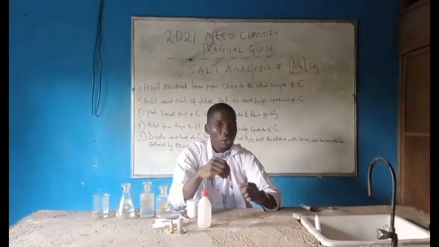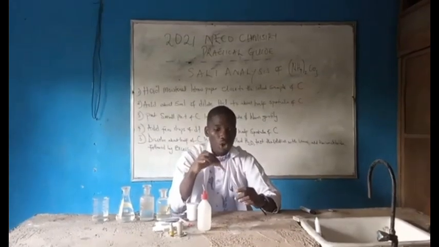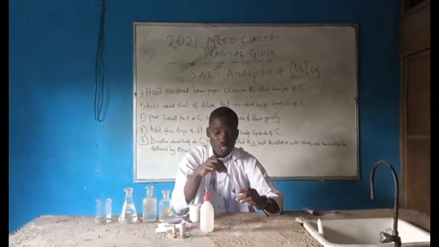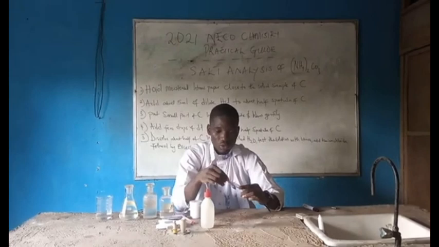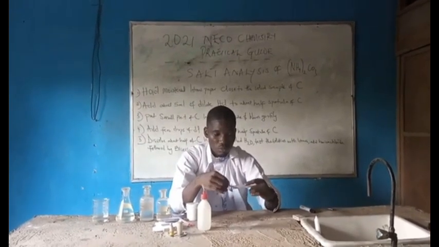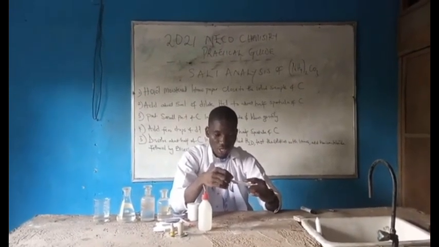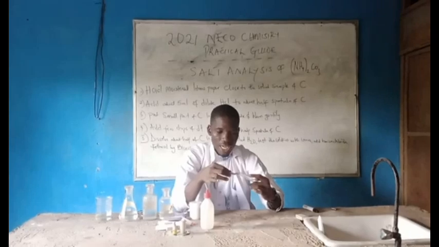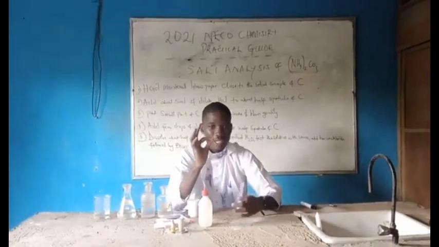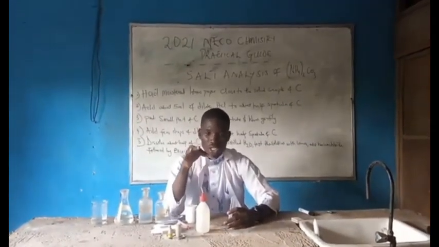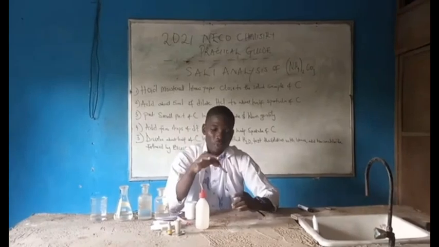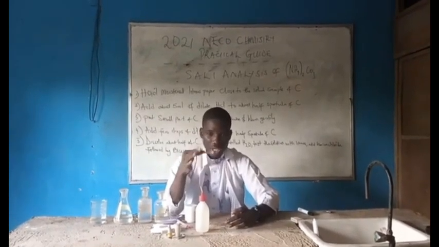If we are using ammonium carbonate, we don't have to put the litmus paper into the test tube. So now we have it in this form, as you can see. Now let's look at this particular litmus paper for some minutes. It's going to turn the red litmus paper blue. So let's observe it.